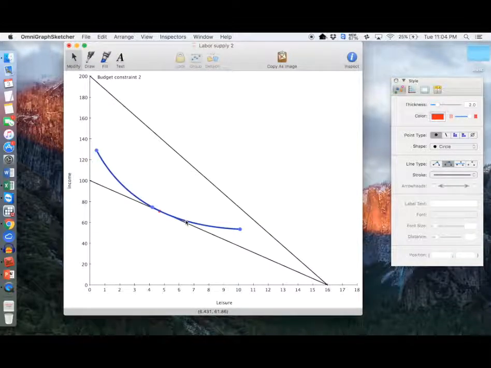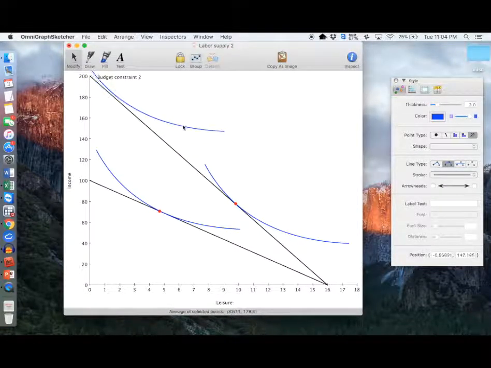And so one example of that is if I choose my new point, I could maybe draw it over here and say my new working hour choice is this. Or I could have drawn it up here and said my new working hours choice is this.